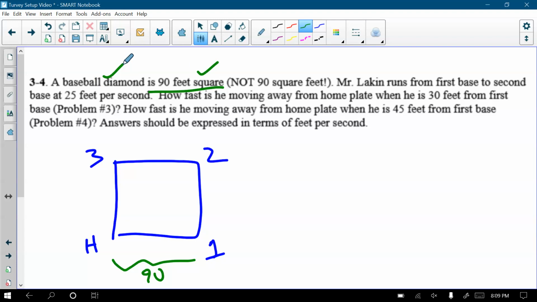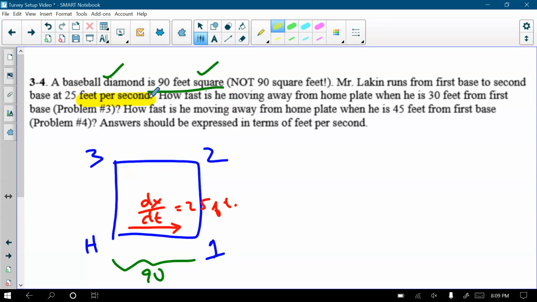All right, I'm running from first to second at 25 feet per second. So here I go, I'm running. That's the change in x. So my dx/dt is going to be 25 feet per second. How do I know that's dx/dt? Because it gives me a rate, and every time they give you a rate, that's a derivative.